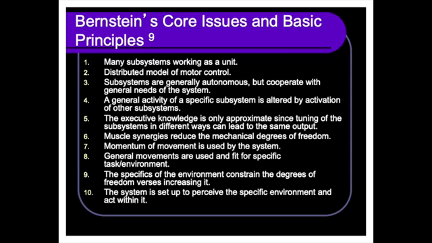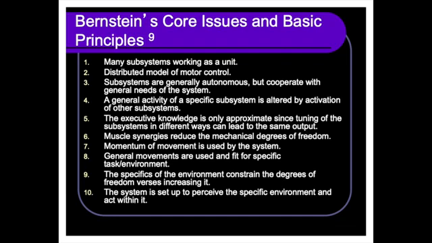So in systems theory, Bernstein developed what he called core issues and basic principles. There are actually 10 of them. One of them we talked about, but we're going to spend a few minutes reviewing these core issues and basic principles. The first principle is that many subsystems work as a unit. He theorized that there are many subsystems in our body.